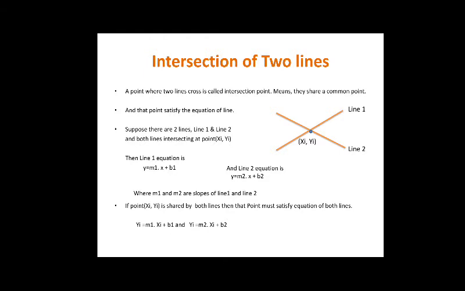For line 1 the equation will be yi = m1 xi + b1, and for the same point, line 2 will be yi = m2 xi + b2. So this point should satisfy the equation of both lines.